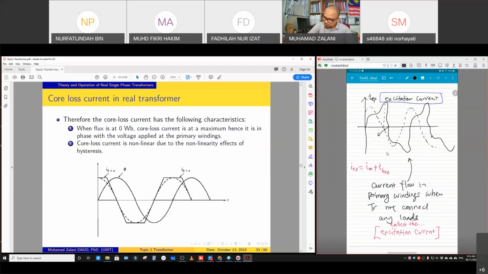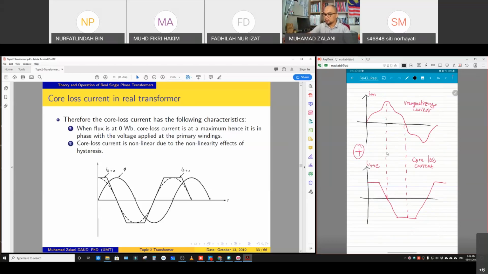So this is VPT. So the excitation current is actually what we can see in this figure: this function plus this function, we call it the excitation current.